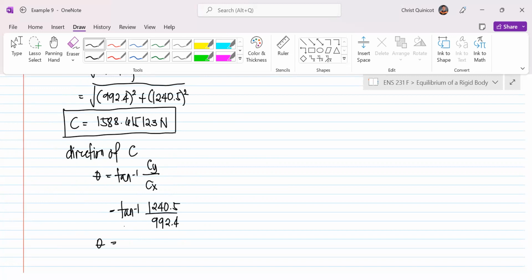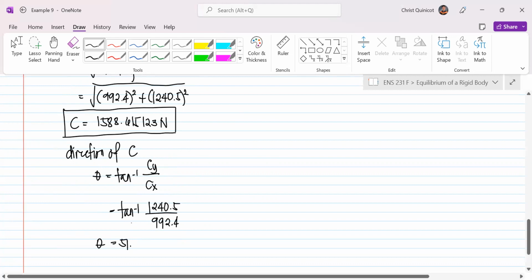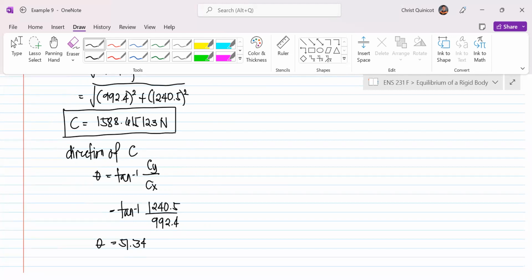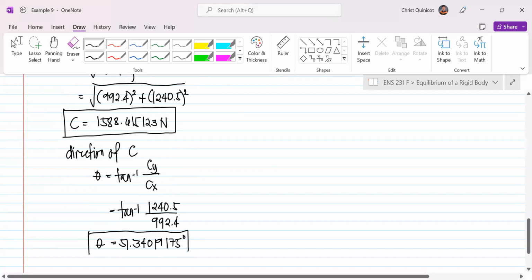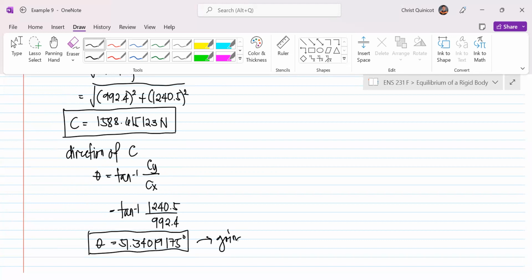Inverse tangent of 1.25, that is 51.34019,019,175 degrees. And the direction would be going up to the right.